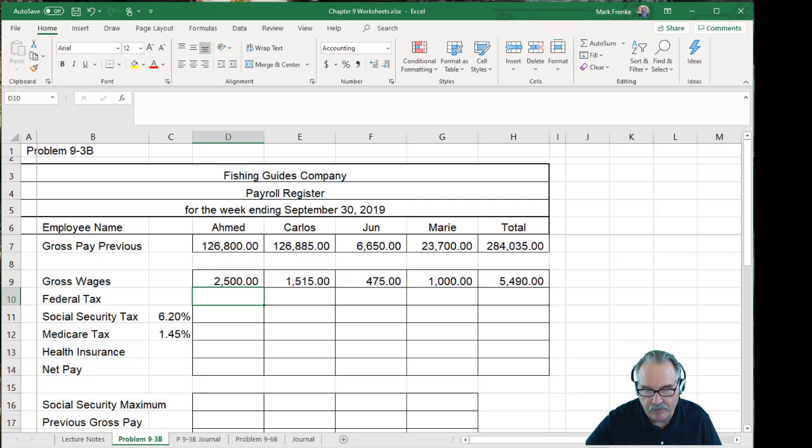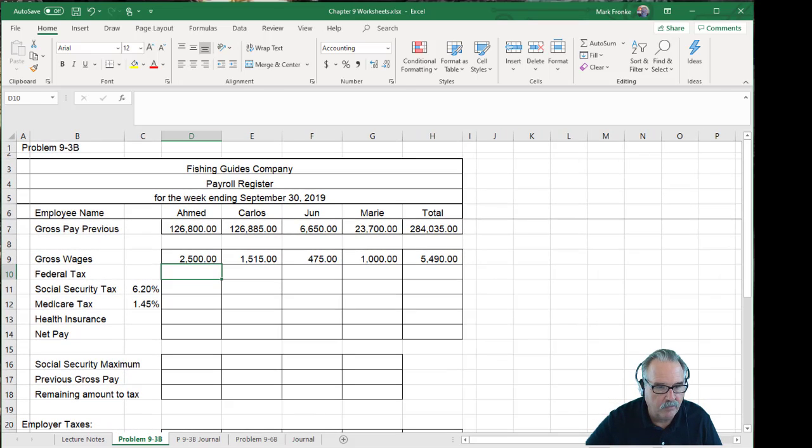I'm going to do Ahmed based on what's in the book, and then you can do Carlos, June, and Marie, and then we'll circle back and you can check your answer. So for Ahmed, his federal tax is $198.